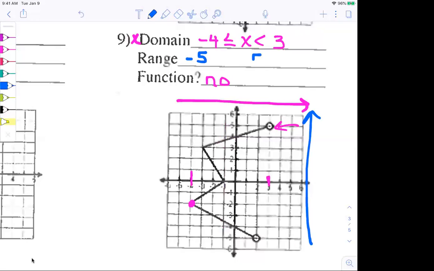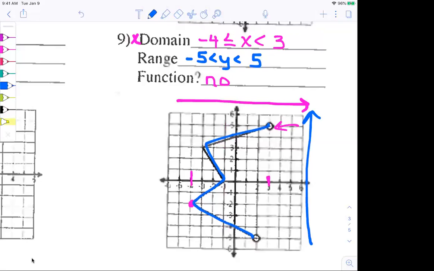Right, and then what symbols go in the middle there? Less than. Yeah. Why isn't it less than or equal to? Because they're not filled in points. Excellent, nice job. And again, we use inequalities here because it's connected, so it's still stretching from one to the next. It's not just separate individual points.